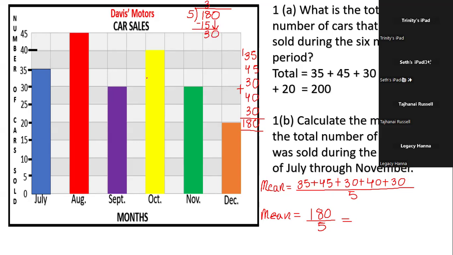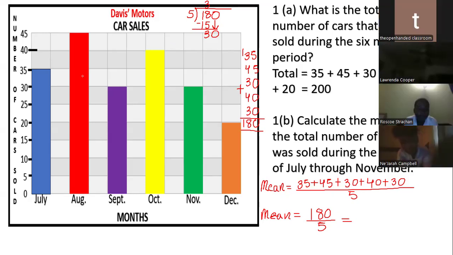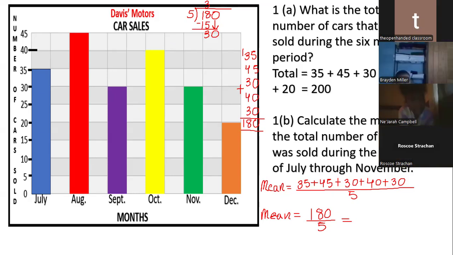How many times does 5 go into 30? 6 times. Very good. 5 times 6 is 30. And so we say 30 minus 30, which gives us 0. And so the mean is 36. Good.